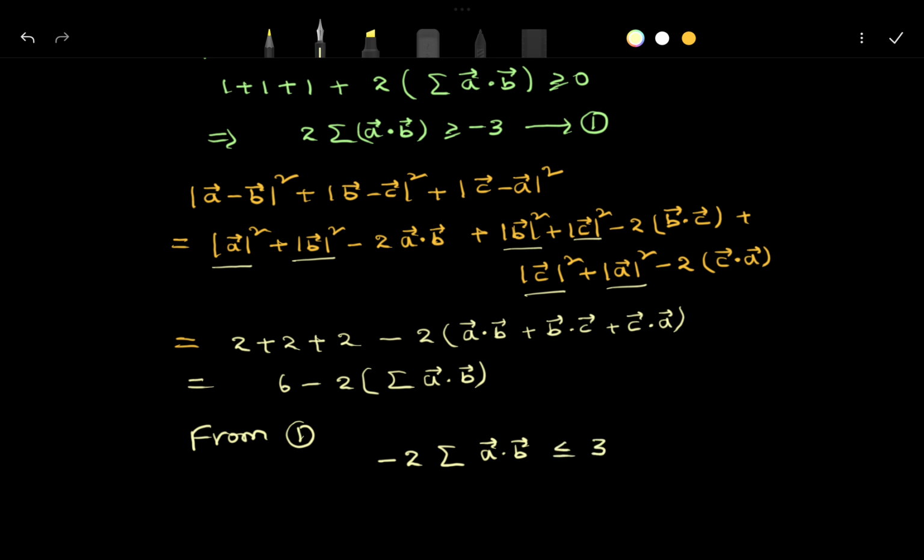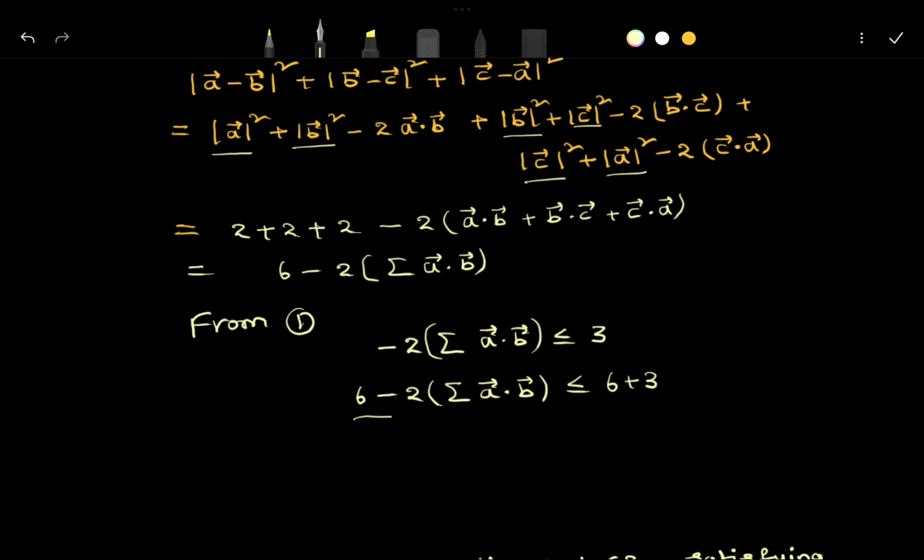Now adding 6 on both sides, that means 6 minus 2 into sigma a bar dot b bar is less than or equal to 6 plus 3. 6 plus 3 means what? 9. So this value, which is nothing but modulus of a bar minus b bar whole square plus modulus of b bar minus c bar whole square plus modulus of c bar minus a bar whole square, is at most 9.